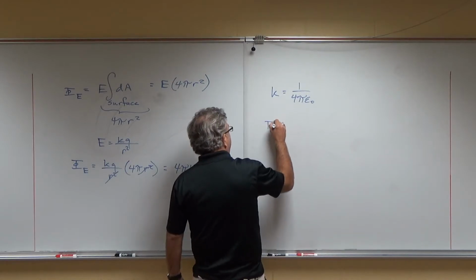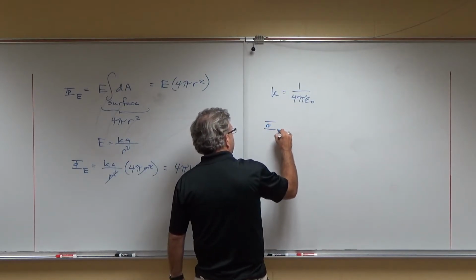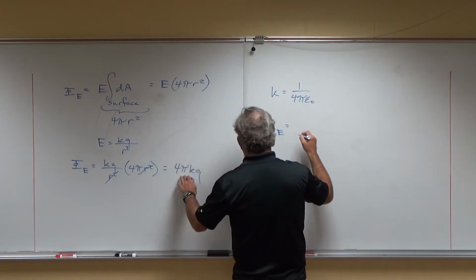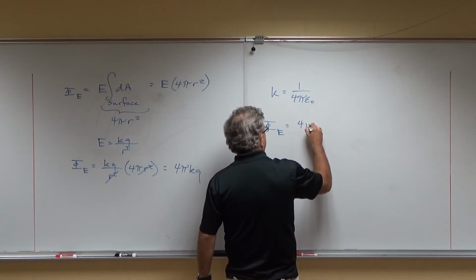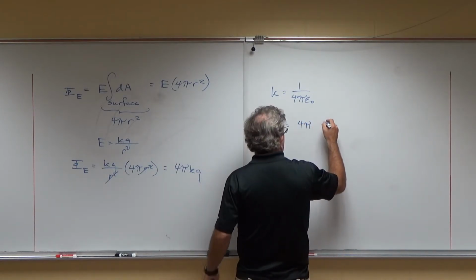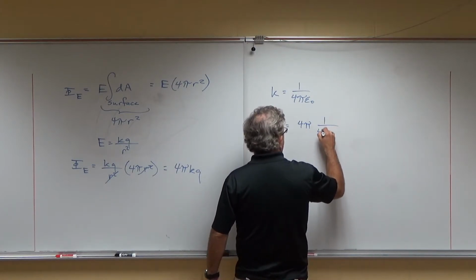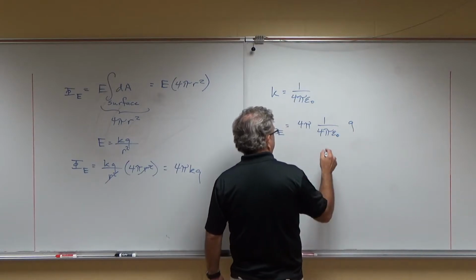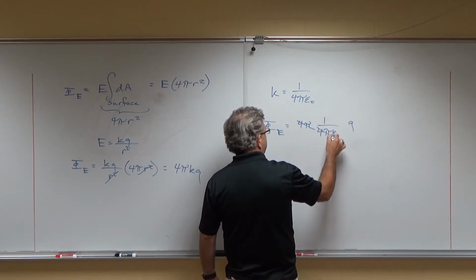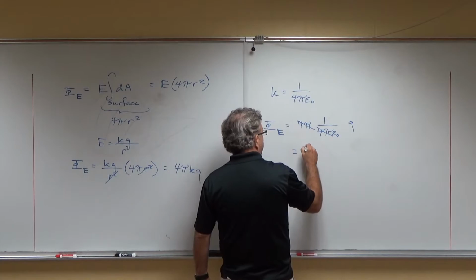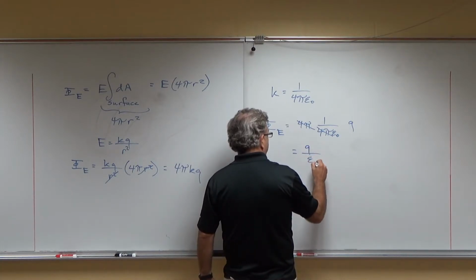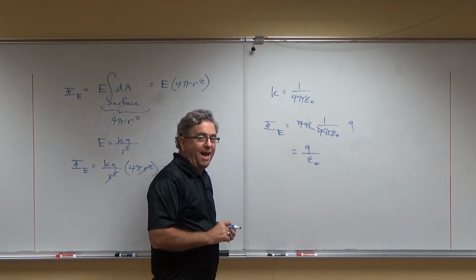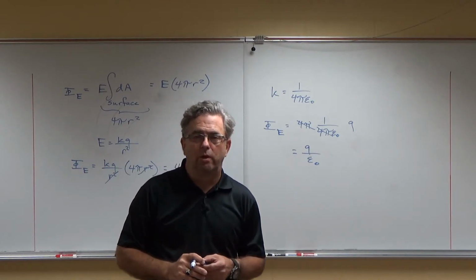Phi sub E is equal to 4 pi times 1 over 4 pi epsilon naught times Q. The 4 pi cancels. It's equal to Q over epsilon naught. That is the flux due to a point charge.